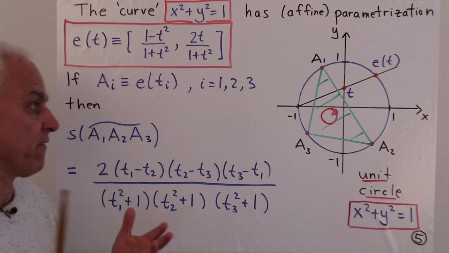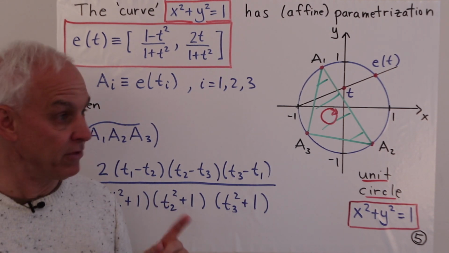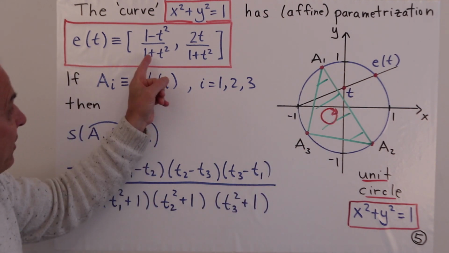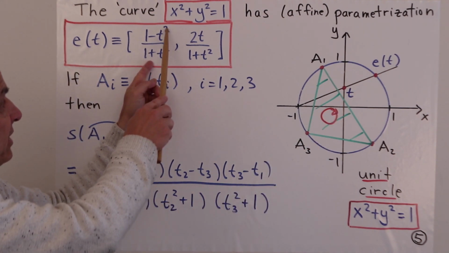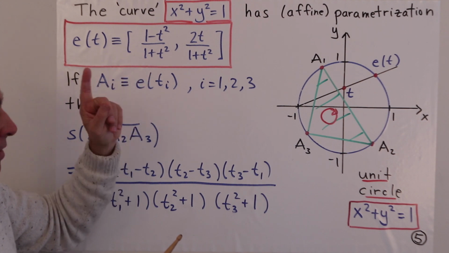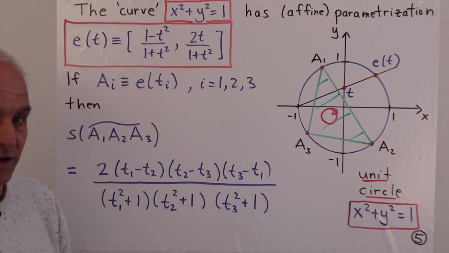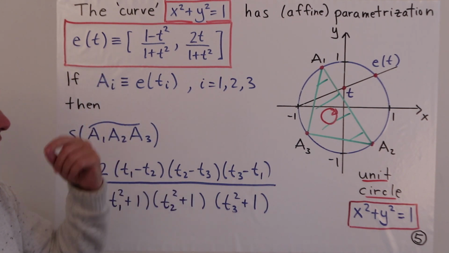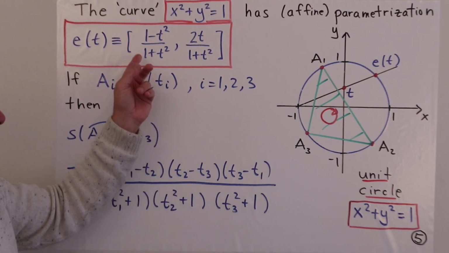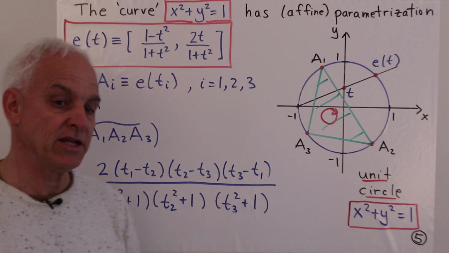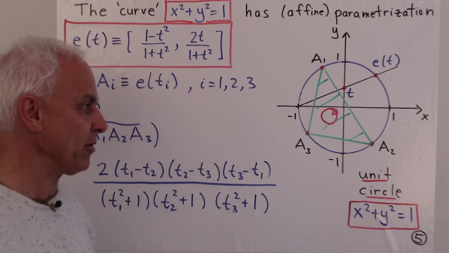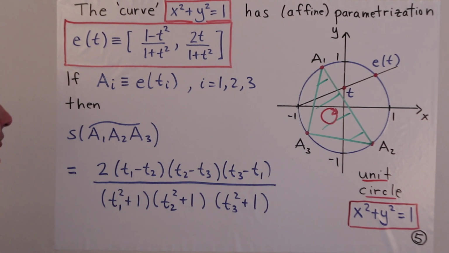It's one of the first things that you really ought to know about the circle, that a typical point on it can be described by these two numbers: 1 minus t squared over 1 plus t squared, and 2t over 1 plus t squared. So that's a point that always turns out to be on the unit circle. That's something that the ancient Greeks knew. In fact, the Babylonians knew about it 1,000 years earlier than the Greeks did, at least.